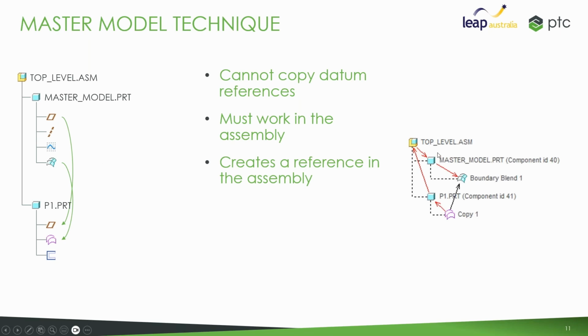And so this sort of shows the flow. Okay, so this part actually has a reference to the top level assembly. The other thing here as well is that, okay, we've got part 1, but we might have part 2, 3, 4, 5, and everything else that's in the assembly as well.